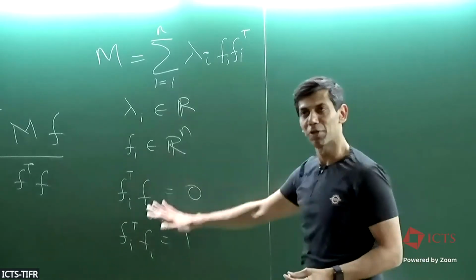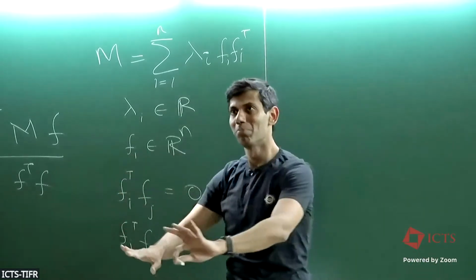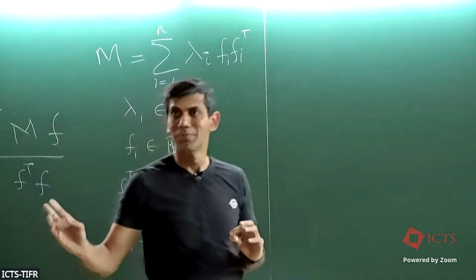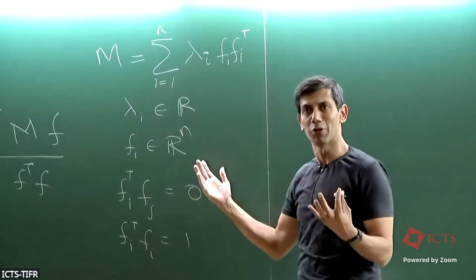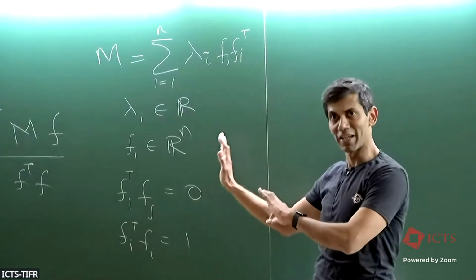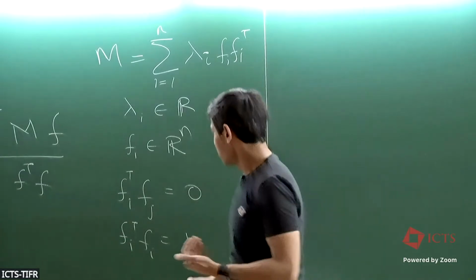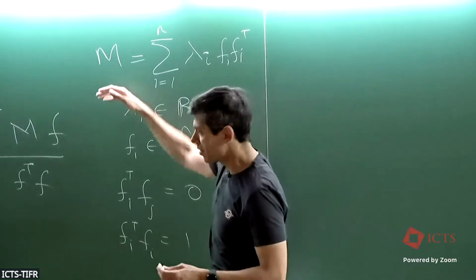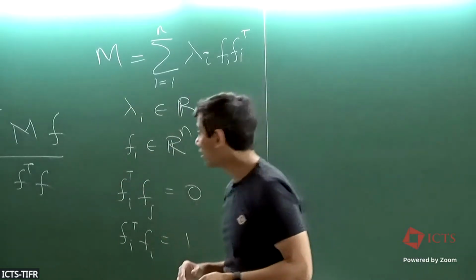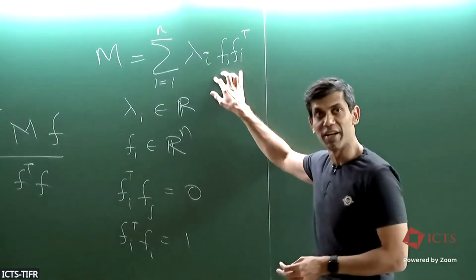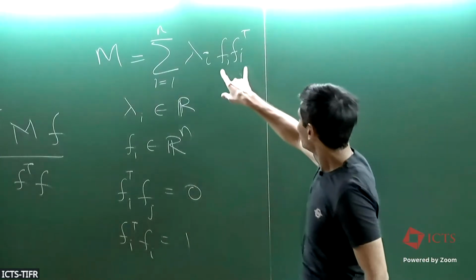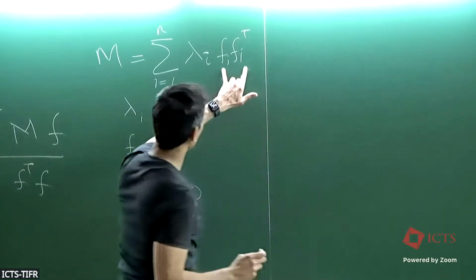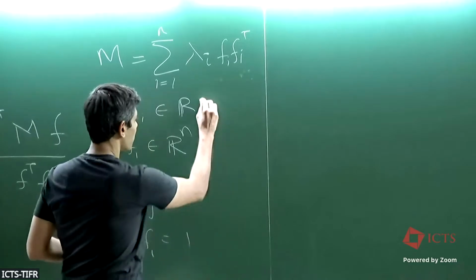Is everyone comfortable with this statement or not? I mean, we can certainly go into details of this if you want. Yes, this is basically what I need about eigenvalues and eigenvectors. So it's a nice way of looking at a matrix. Instead of looking at what the numbers in it are, we think of it in terms of what it does. When you look at it as a linear combination of terms like this, each term, f i f i transpose, is something very simple.